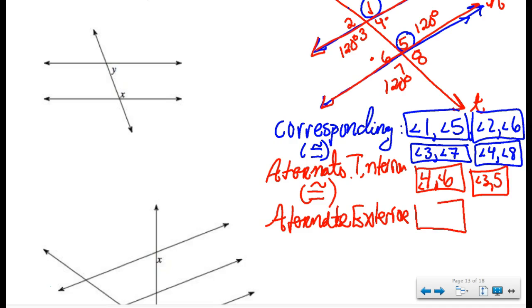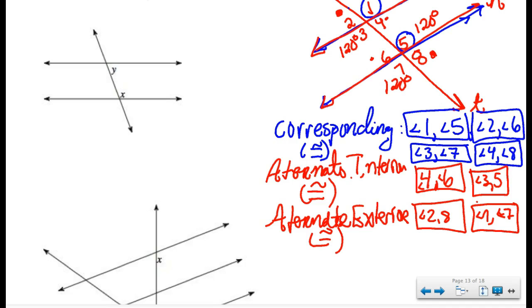And then we have to be on opposite sides of the transversal. So angle 2, right up here, outside of the parallel lines, and angle 8 right here are called alternate exterior. Likewise, so are angle 1 and angle 7. Their measures are congruent.